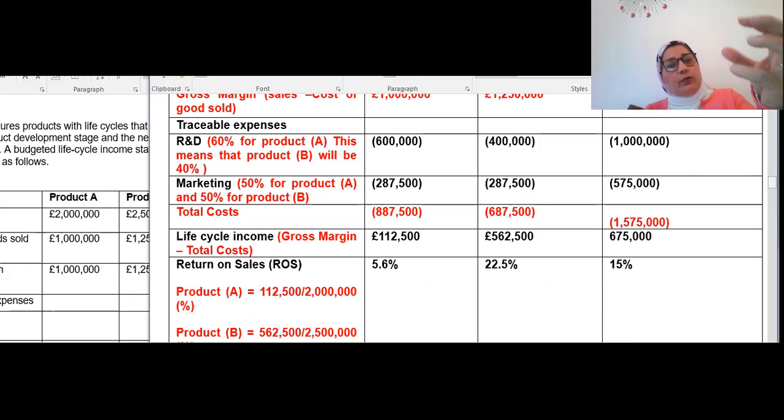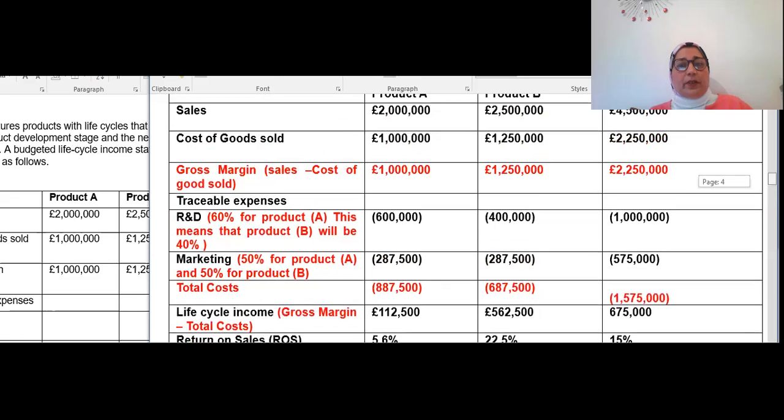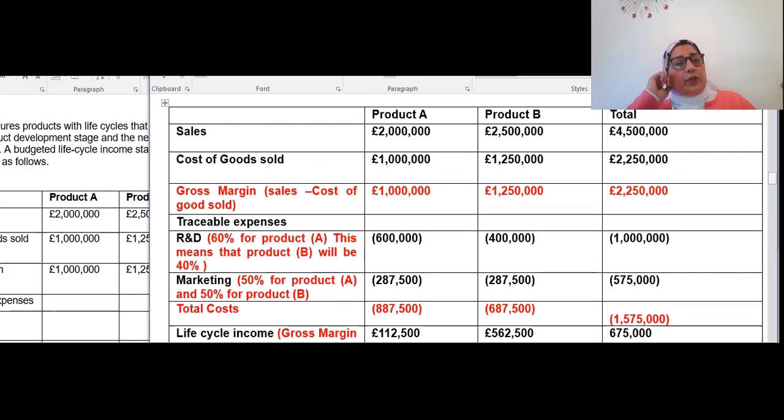That means we take the income, which is calculated based on the life cycle of the product, divided by the sales, and of course calculate the percentage. This will give us 5.6% for product A, 22.5% for product B, and 15% for the whole company.